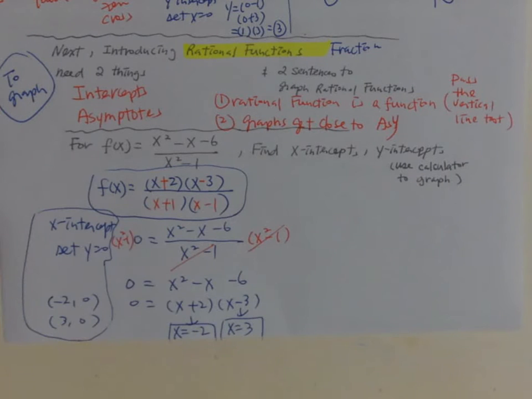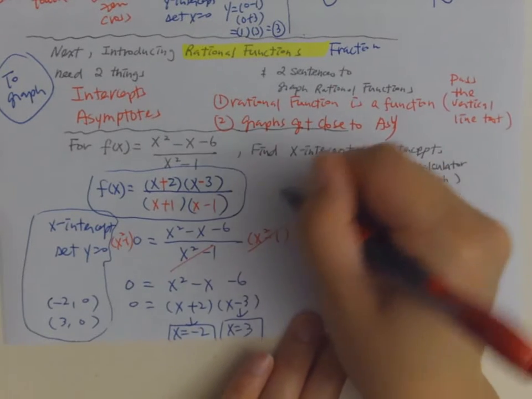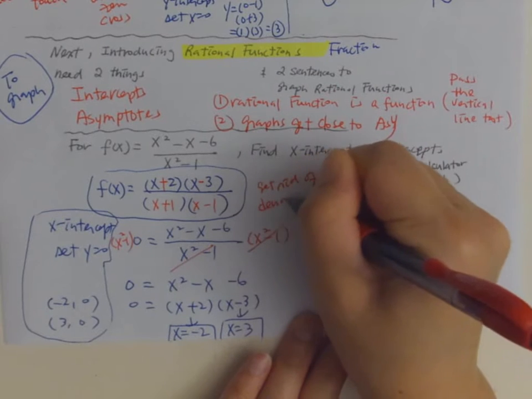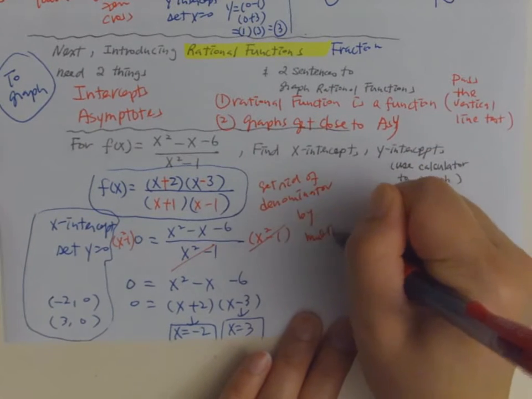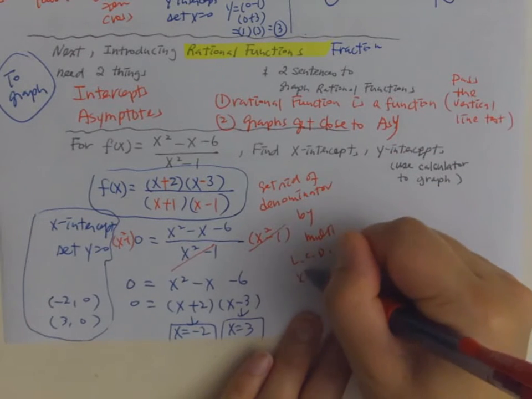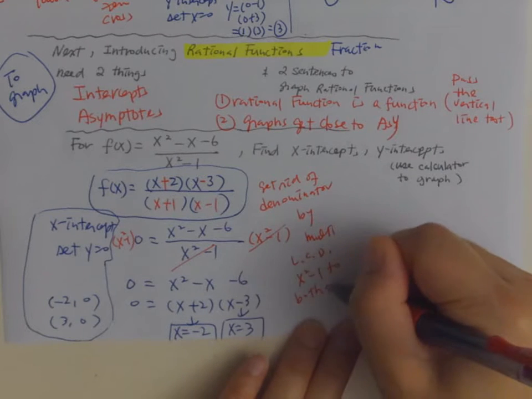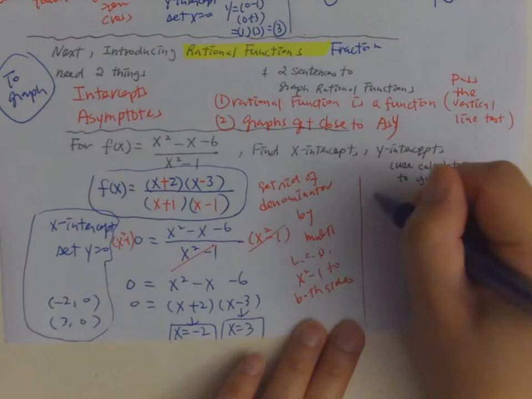Okay, how about the y-intercept? In case you are confused with this part, we tried to get rid of the denominator by multiplying by the LCD, which is x squared minus 1, on both sides. And again, anytime you need to pause the video to write this down, feel free to do it. For the y-intercept, we do what?